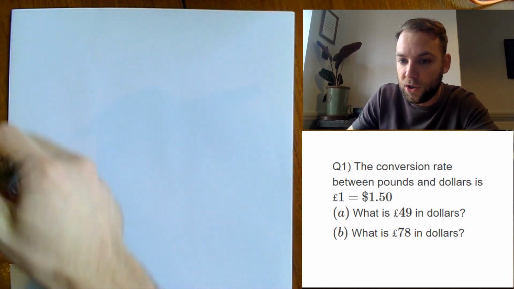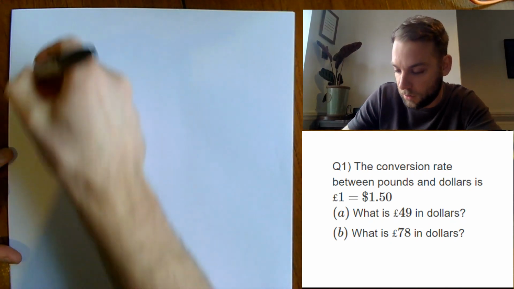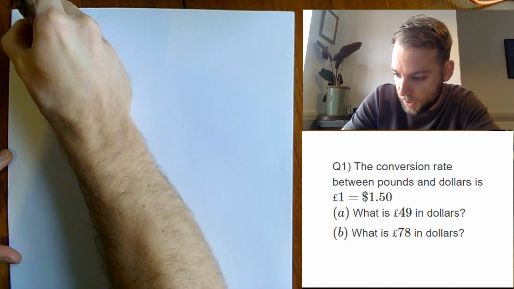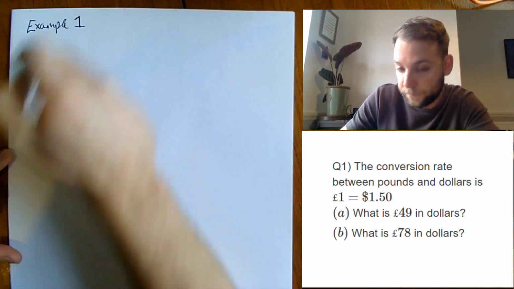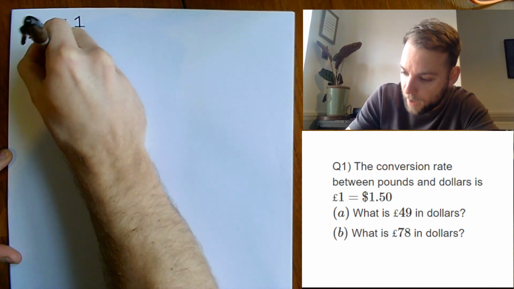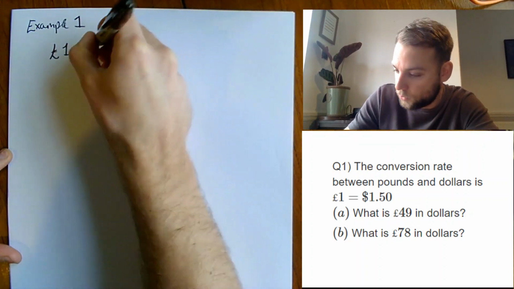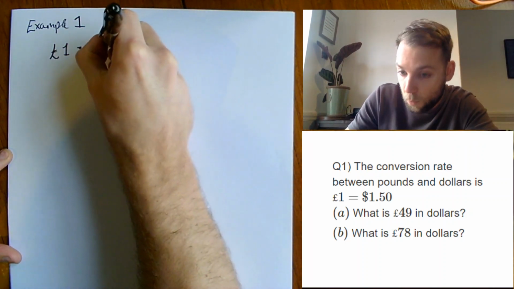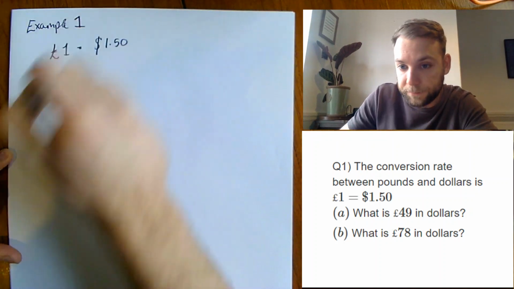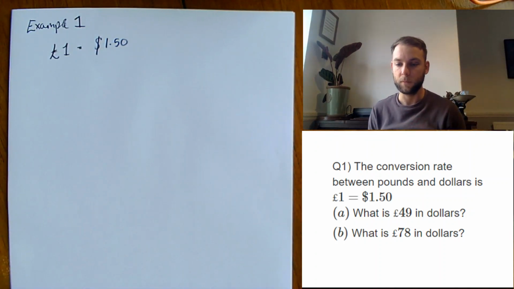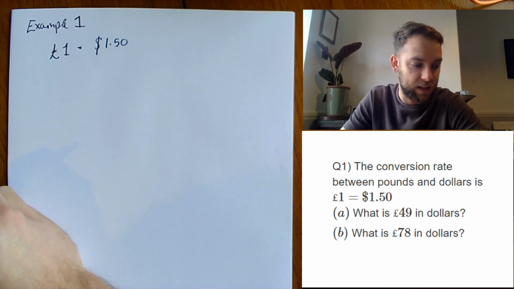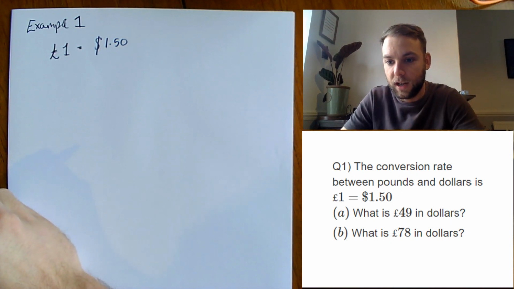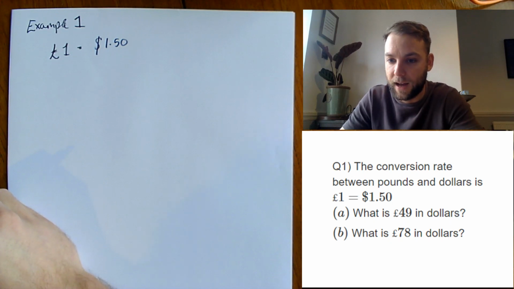The conversion rate between pounds and dollars is, so this is example 1, make sure you're getting it down, £1 is equal to $1.50. How much is £49 in dollars, and how much is £78 in dollars?